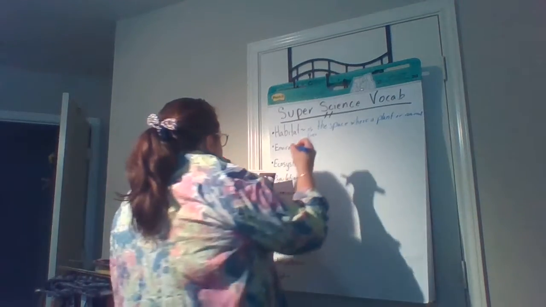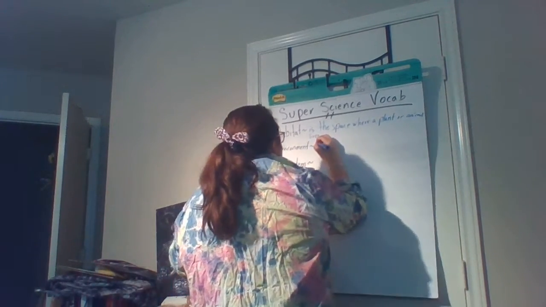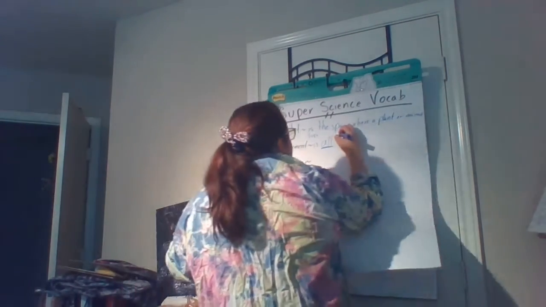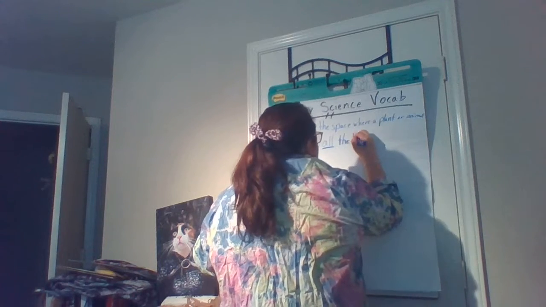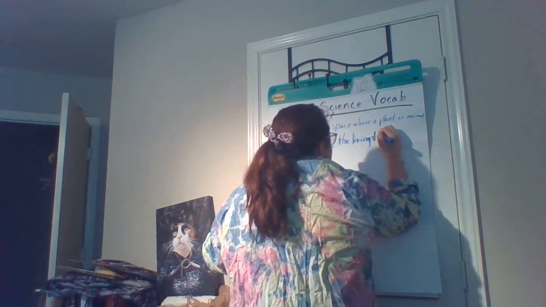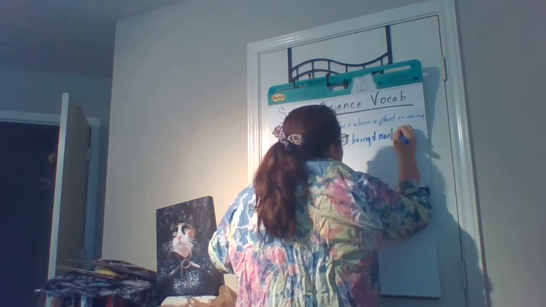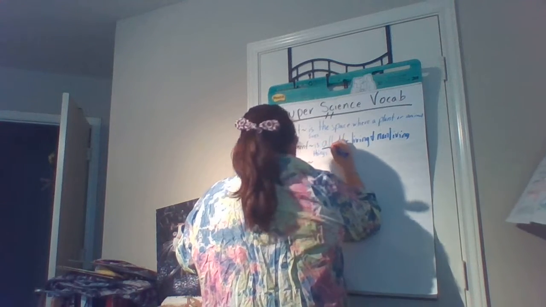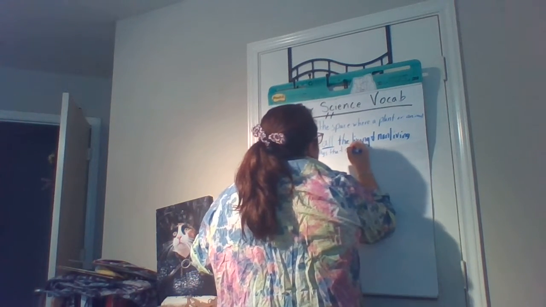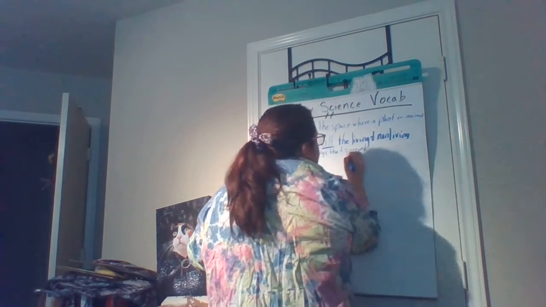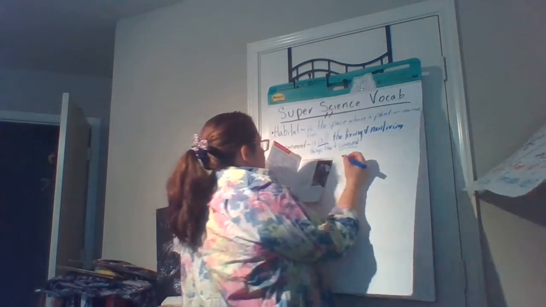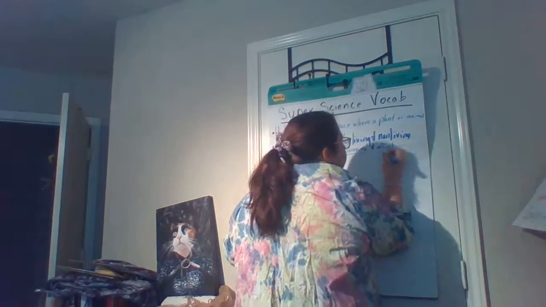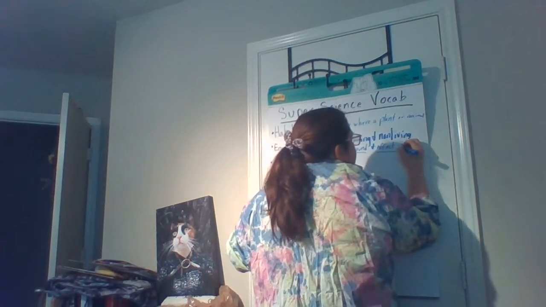An environment is all, and I'm going to underline all, the living and non-living things that surround, I'm going to underline surround as well, and affect. So they have to also affect a living thing.